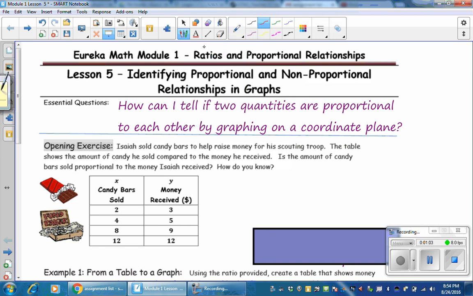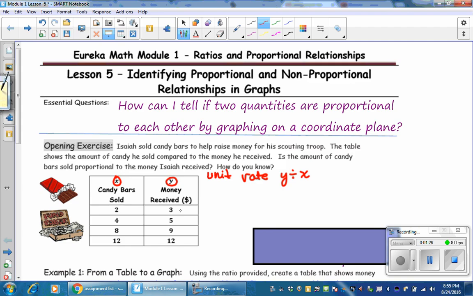Remember, to find the unit rate, you're going to divide the money by the number of candy bars. So our unit rate is y divided by x, where y is equal to the money and x is equal to the candy bars.